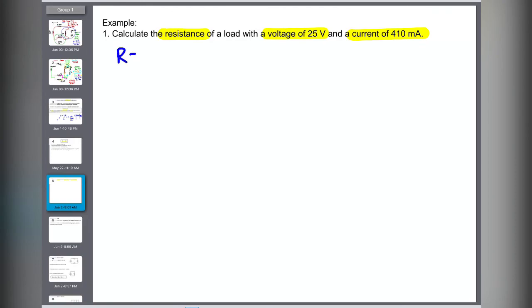So we're asking for resistance, and they tell you voltage is 25, and the current, symbol is I, 410 milliamps. So we want to change that into amps. From milli to the base unit, you divide by 1000. So it's 0.410 amps.